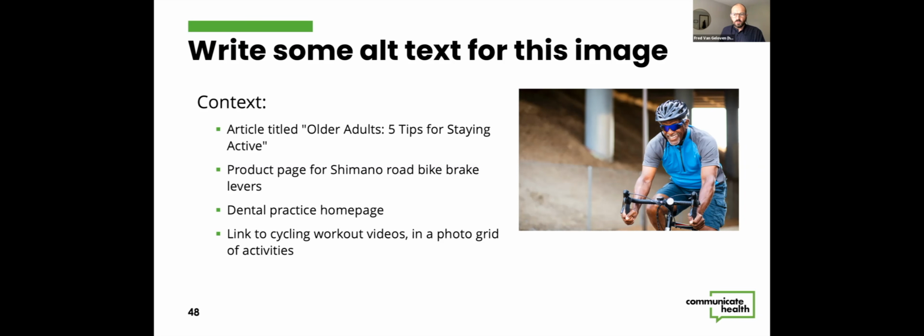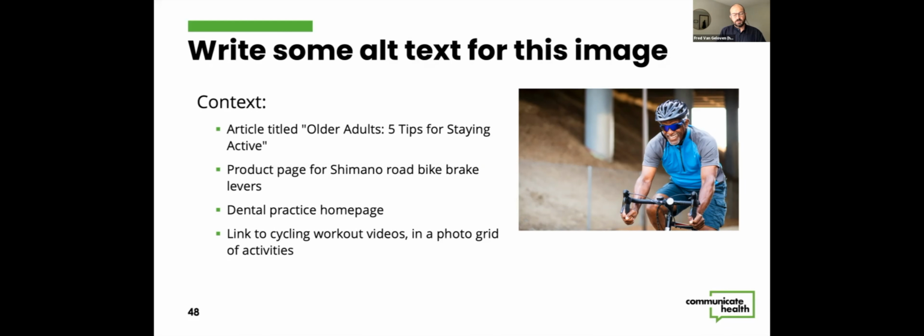So let's practice this a little more. We're going to write some alt text for this image. So now instead of just writing alt text for the image without considering context, we now have 4 different situations that this image can be used in. The first one is as an image in an article that's titled Older Adults 5 Tips for Staying Active.